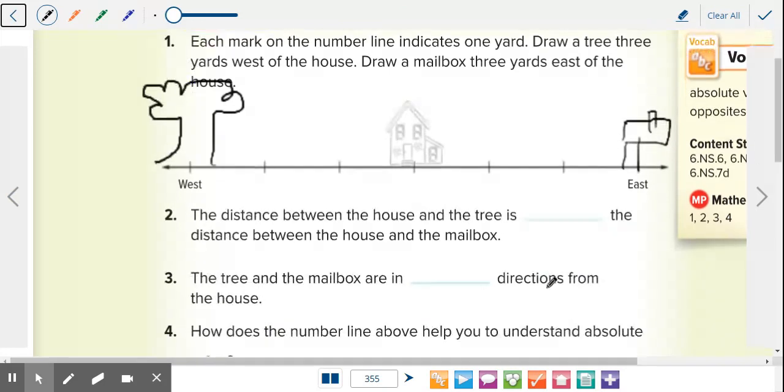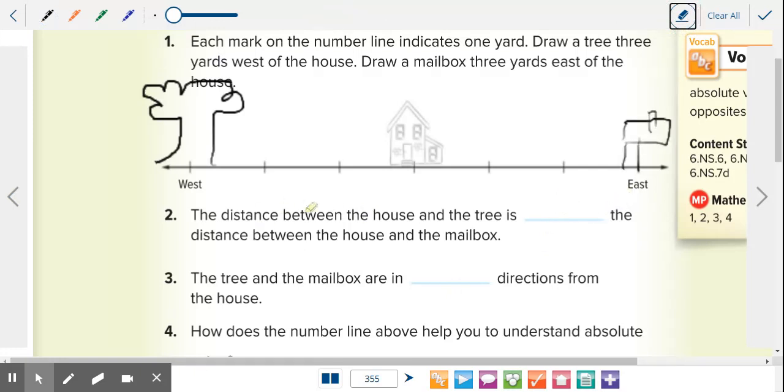Now, the distance between the house and the tree is how many? From the tree to the house. How many is that? Just say it, guys. 3. 3 yards. Oh, hold on. I messed that up. My bad. I didn't read it right.